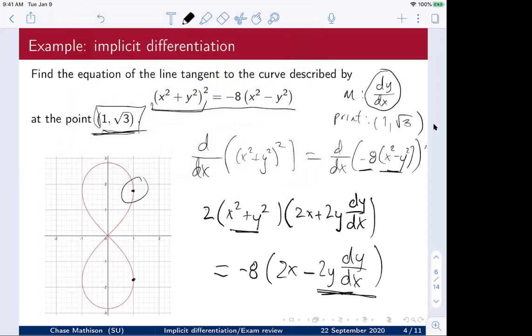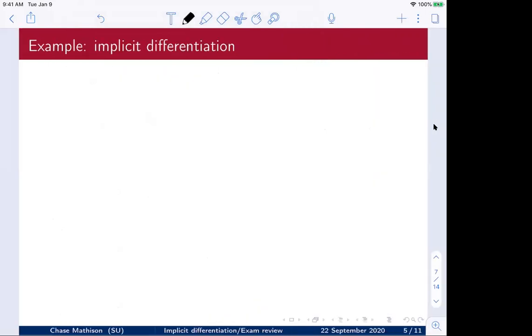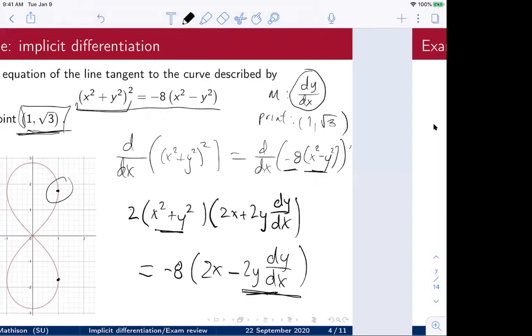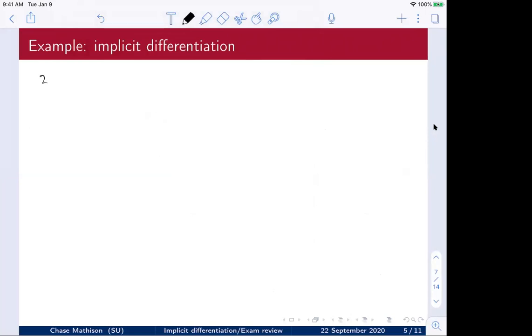Okay. Perfect. So let me rewrite this with a little more room. 2 times x squared plus y squared times 2x plus 2y dy dx is equal to -8 times 2x minus 2y dy dx. Okay.